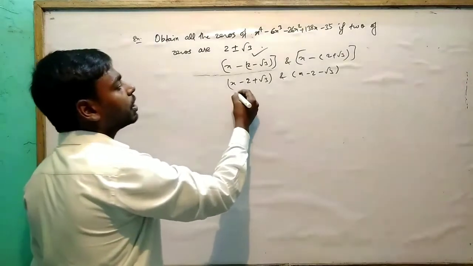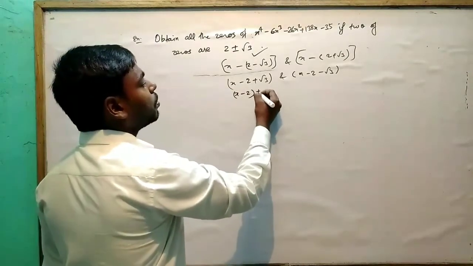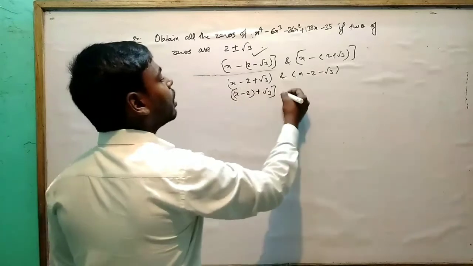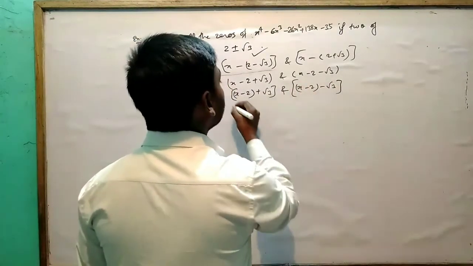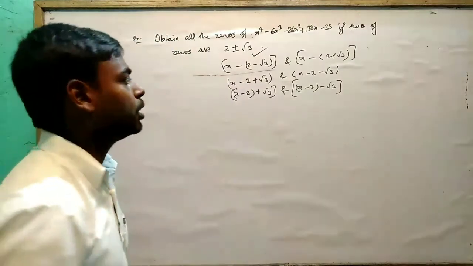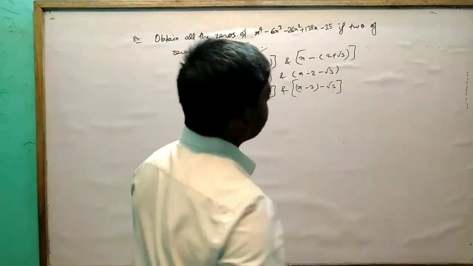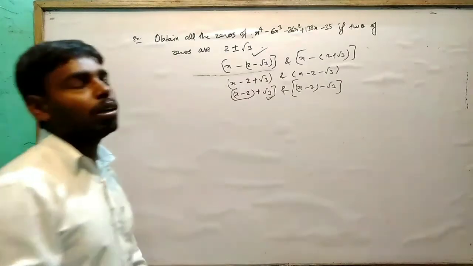Now it can be written as x minus 2 plus root 3, and x minus 2 minus root 3. That is in the form of a plus b into a minus b. Here a is x minus 2 and b is root 3.